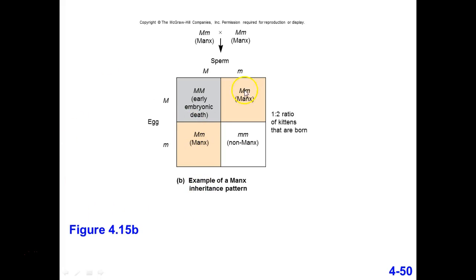Where just having one copy isn't enough change, it just shortens the tail. Where you're going to also have cats that don't have the trait, it is recessive, that are going to have a normal tail. They're going to be fine. The dominant is here where it affects the spine, and that's why those cats have the shorter tail.